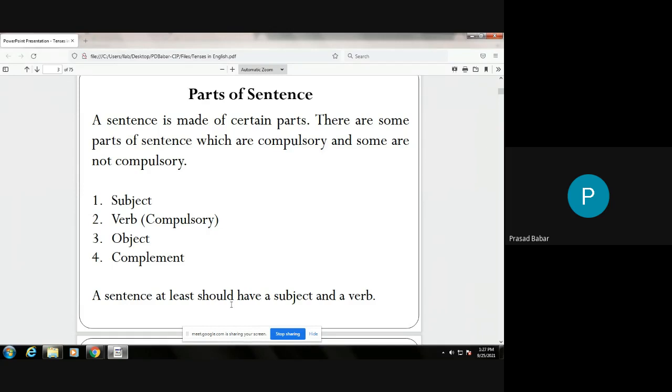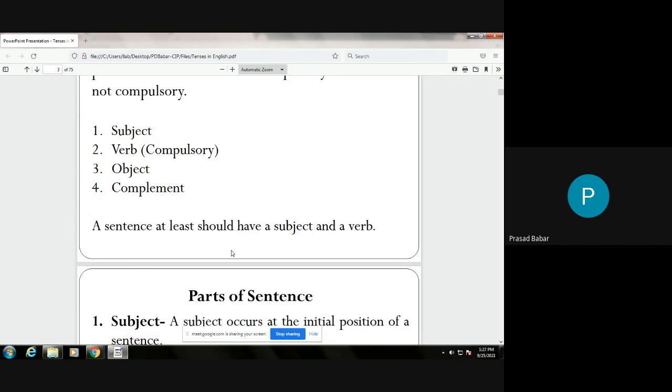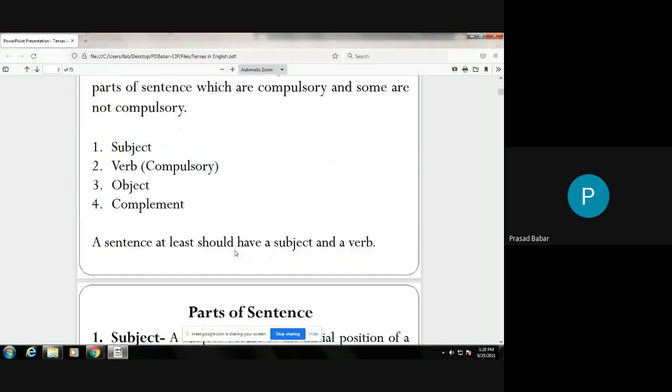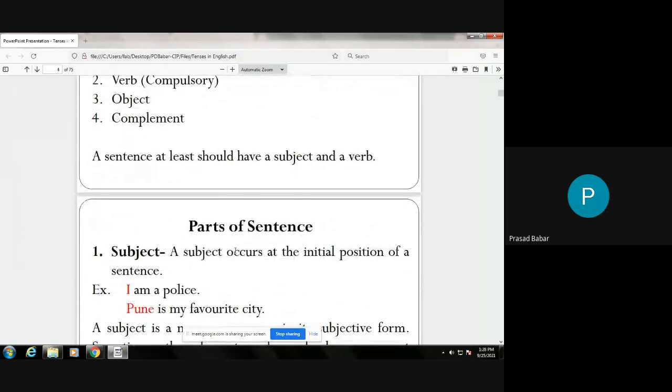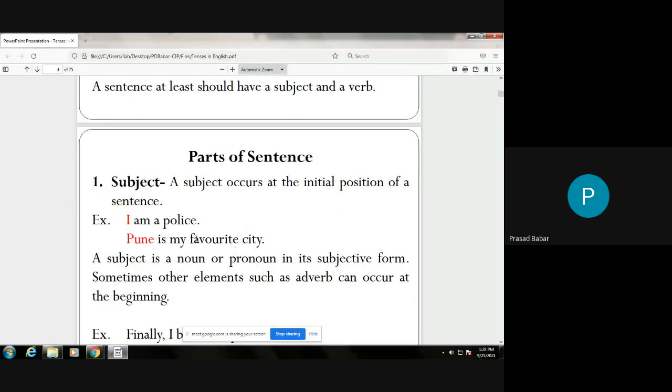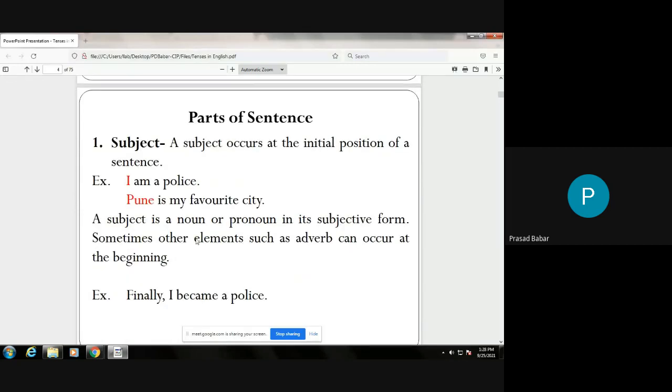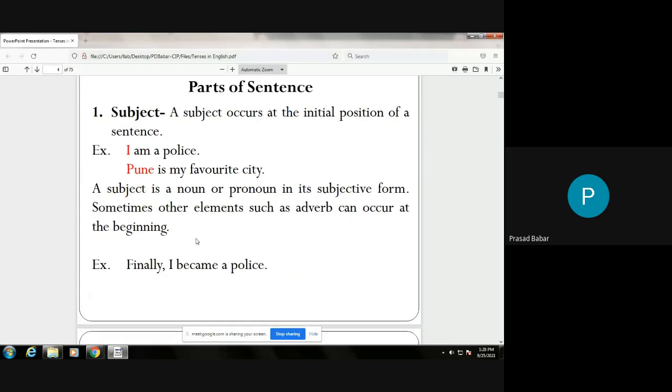But by omitting the verb we cannot create a sentence. So this is about the sentence structure. Let's see the parts of sentences in detail. The first part of a sentence is the subject. So what is the subject?